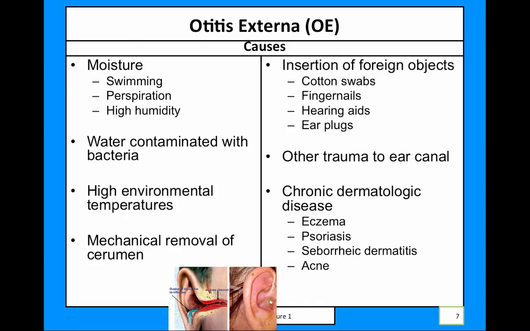Water contaminated with bacteria, so swimming in a pond, high environmental temperatures, mechanical removal of cerumen. We talked about this as a complication of cerumen impaction removal. Insertion of foreign objects such as cotton swabs, fingernails, hearing aids, earplugs, other trauma to the ear canal, and chronic dermatologic disease, eczema, psoriasis, seborrheic dermatitis, which is dandruff, and acne.